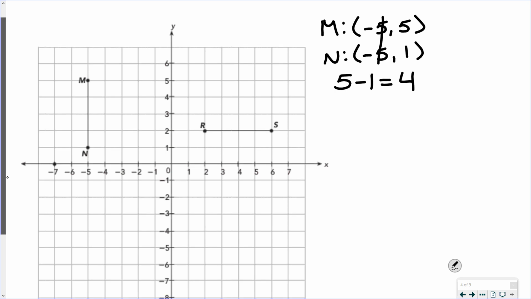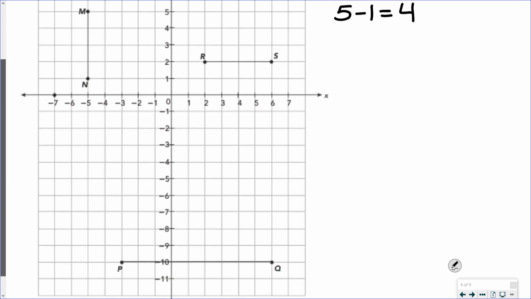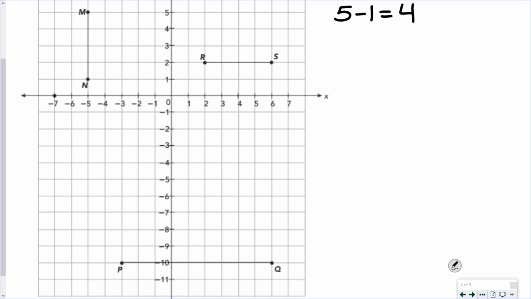You scroll down here a little bit to find PQ. There it is down there at the bottom. P has an ordered pair of -3, -10. Q has an ordered pair of 6, -10. Y coordinates the same, so I ignore that.